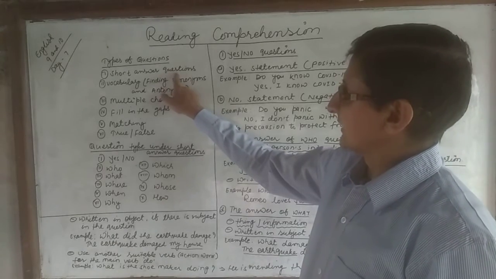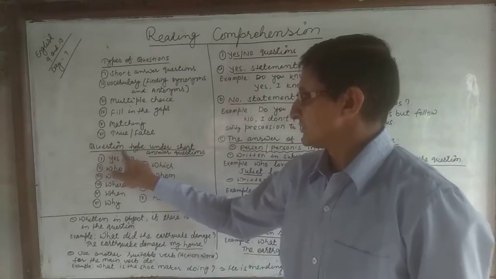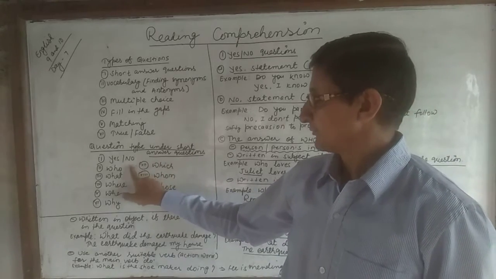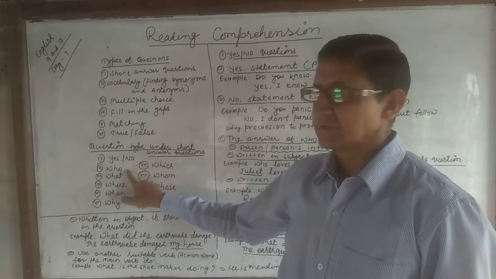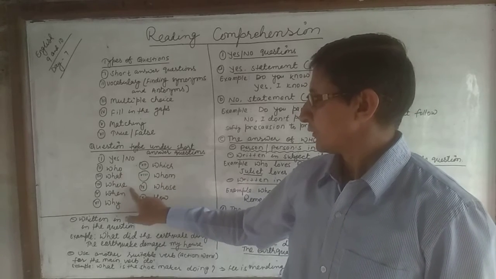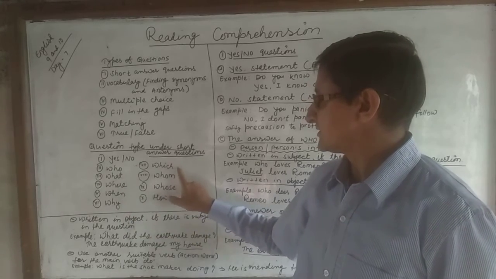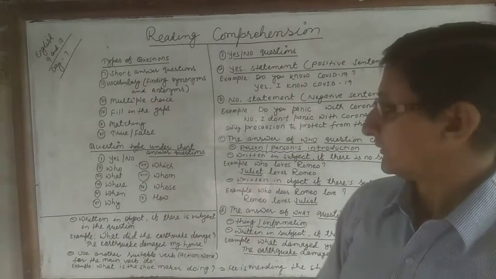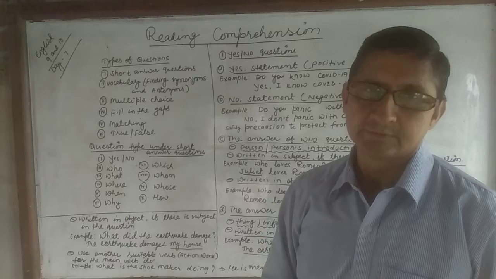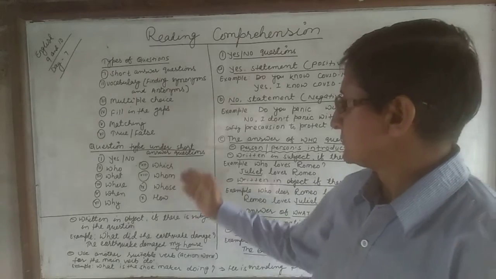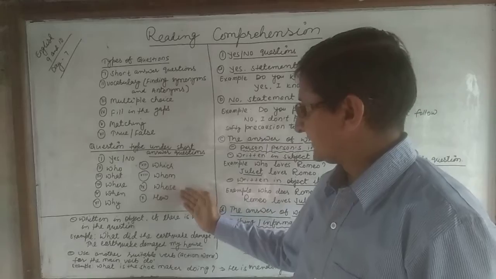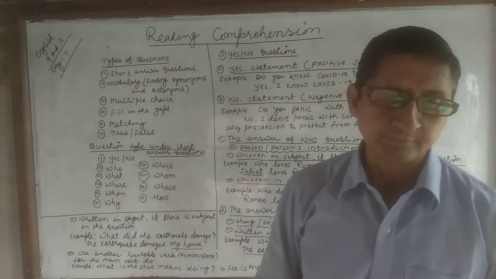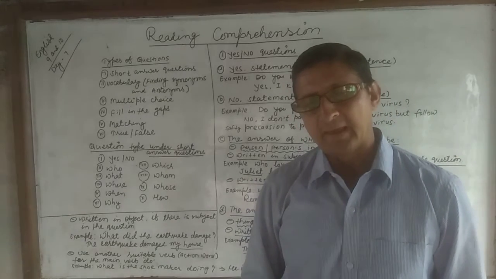The question types under short answer questions are yes/no questions and questions that start with who, what, where, when, why, which, whom, whose, and how. We are going to learn how to deal with these short questions in the comprehension passage.